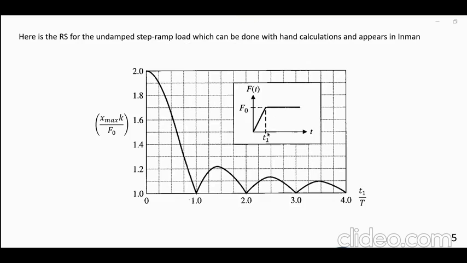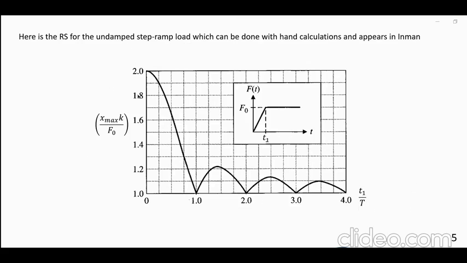So the plot of the maximum deflection of the block, as a function of, this is not omega n, but it is big T. Big T is the period associated with omega n, so big T is 2 pi over omega n.